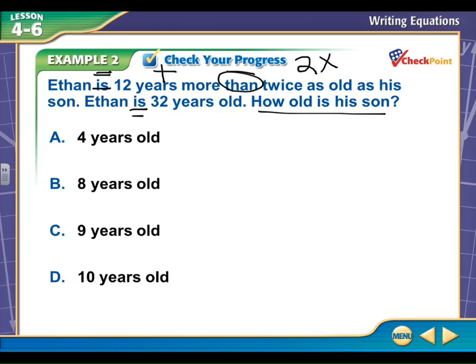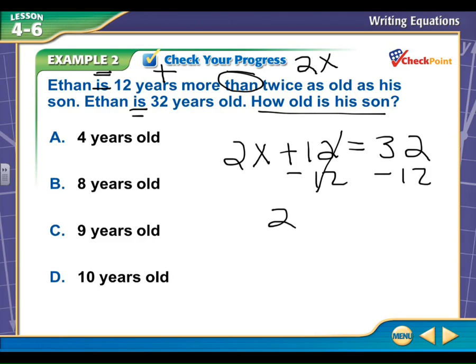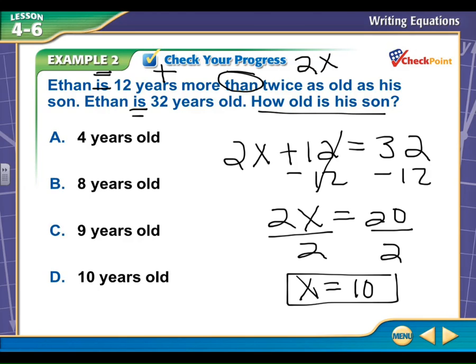So let's do twice as old as the son plus 12 years equals Ethan's age of 32. So let's subtract 12 from both sides. And now the last thing we want to do is divide both by 2, and we find out that the son's age is 10 years old. So that has to be D.